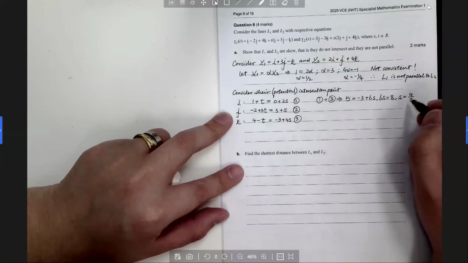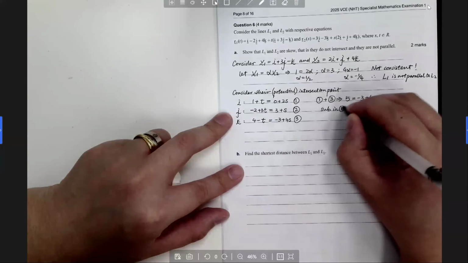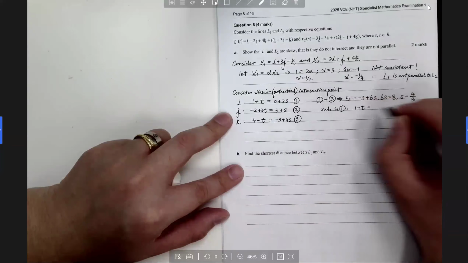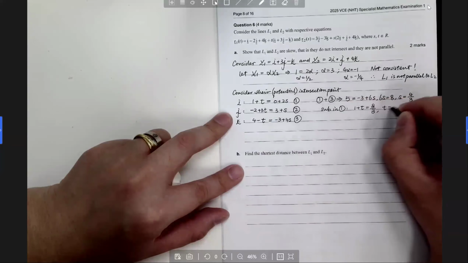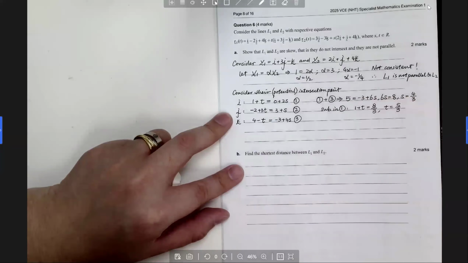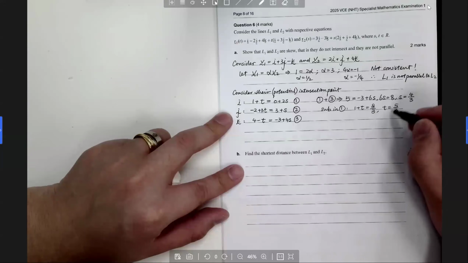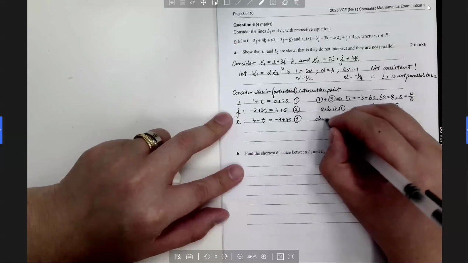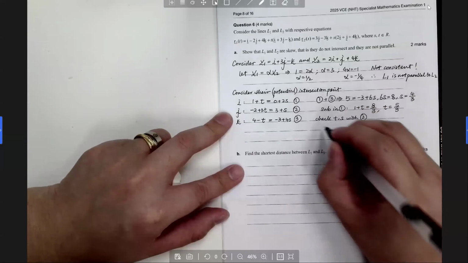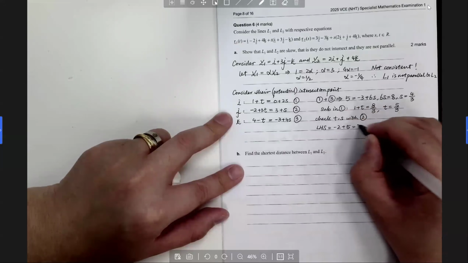And if you sub that into, let's say, the first equation, you actually get 1 plus t equals 8 over 3, and t equals 5 over 3, if I'm not mistaken. Okay, now I want to check if the t and s values will also satisfy equation 2. Check t, s with equation 2. For example, the left-hand side is now minus 2 plus 3t, that is 3.